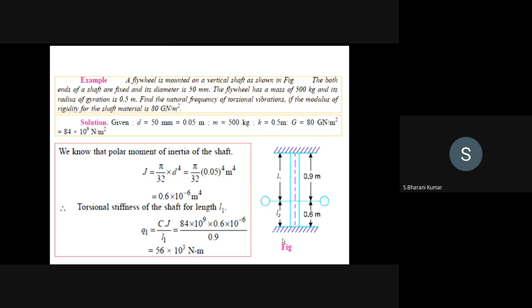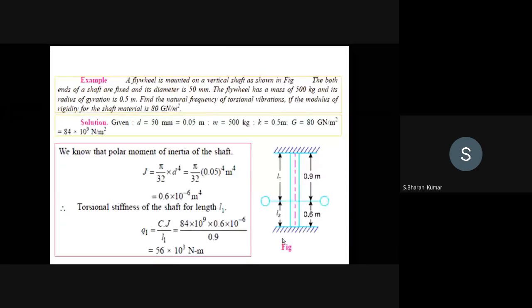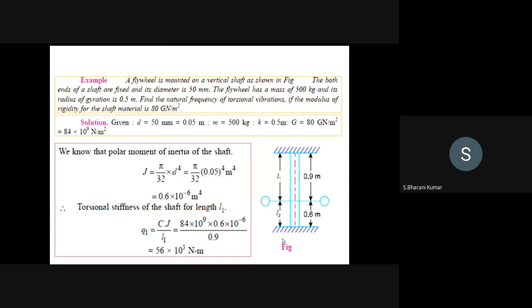Go through the slides. Shall I move on to the next slide?